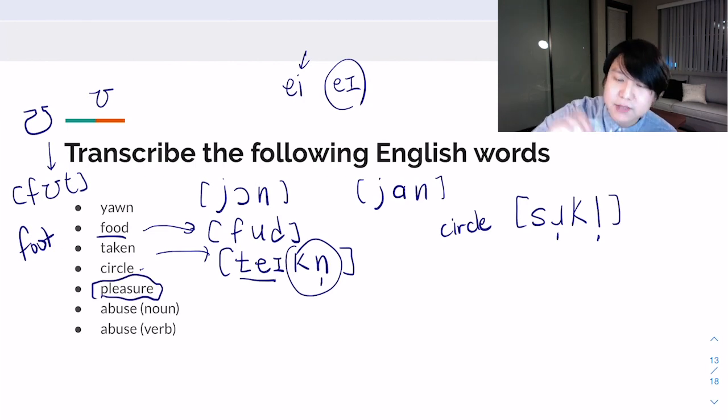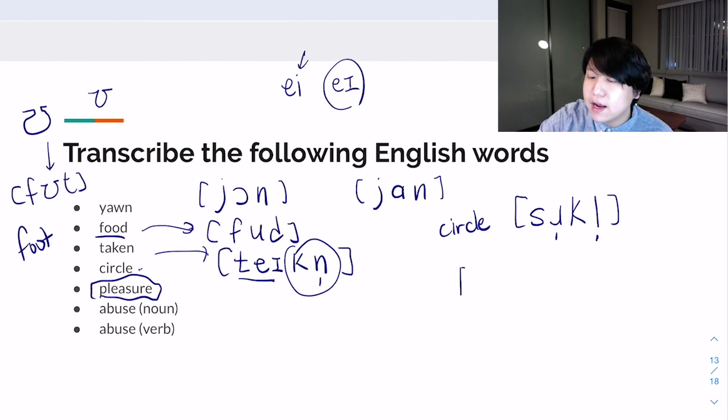Next word is pleasure. Two syllables: the first is P-L, and then it's not pleasure, it rhymes with in bat or in deck.